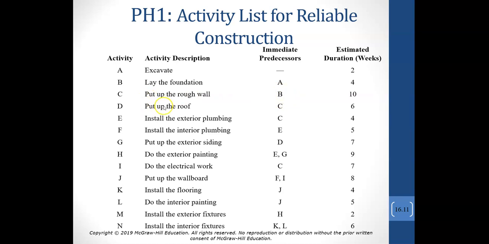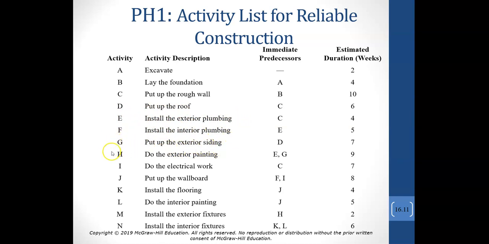Then we have to put up the roof, install the exterior plumbing, interior plumbing, exterior siding, and now here's one where we have two immediate predecessors. Do the exterior painting. So before we can do the exterior painting, we have to have installed the exterior plumbing, activity E, and put up the exterior siding.